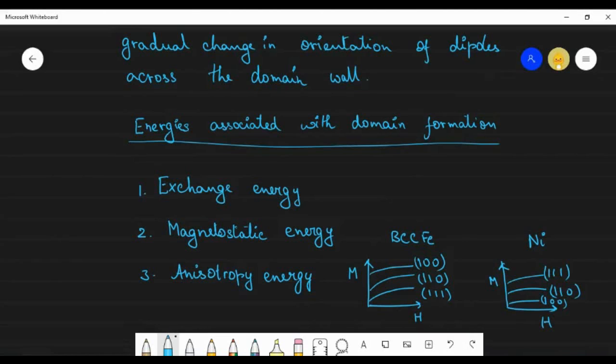Excess energy required to magnetize a specimen along a particular direction is known as anisotropy energy.